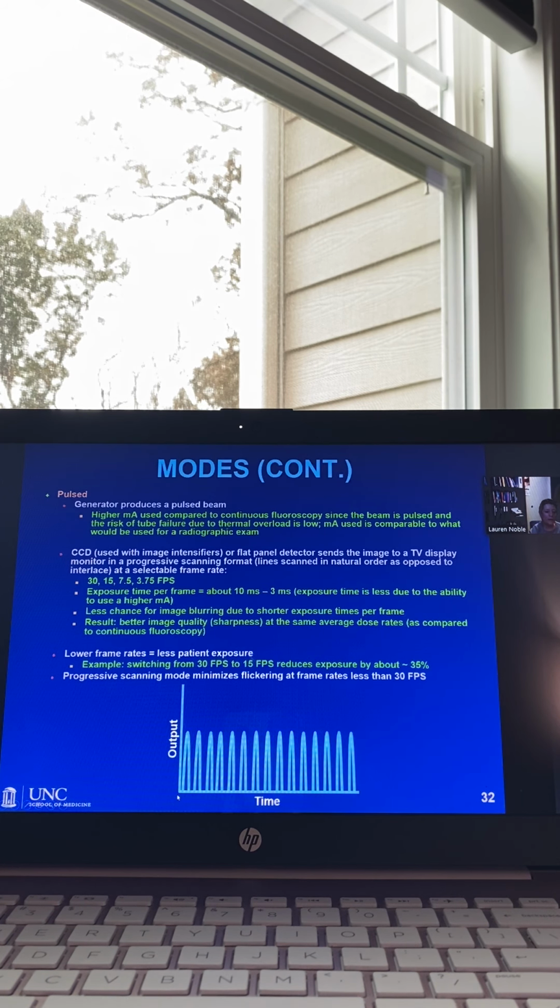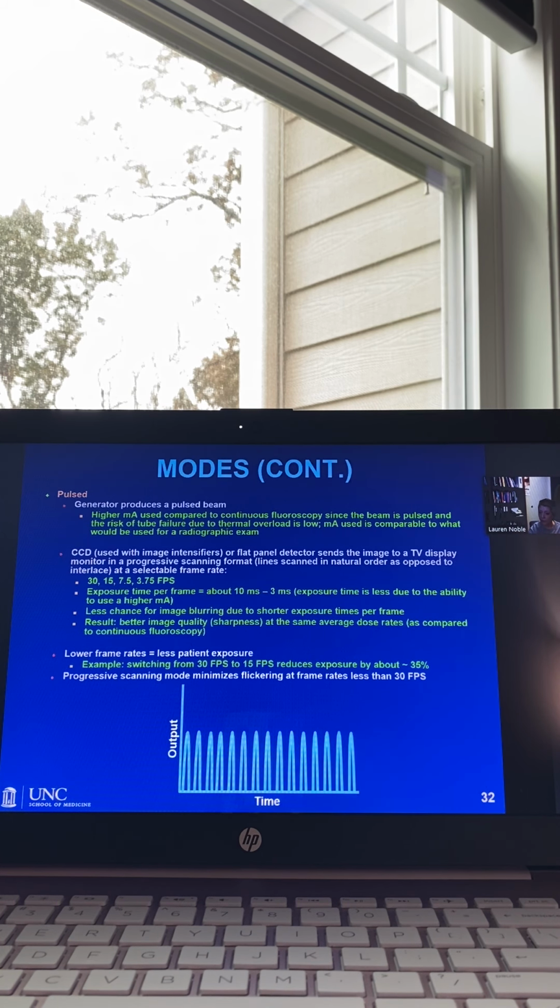So what the X-ray machine does is it will send out a burst of X-rays, then there'll be a little gap of time, send out a burst of X-rays, then a little gap of time. So even if the radiologist has his or her foot on the pedal or they're pulling the finger switch, the X-rays don't come out continuously. The X-rays come out, and then there's a brief break in time. Then they come out again.